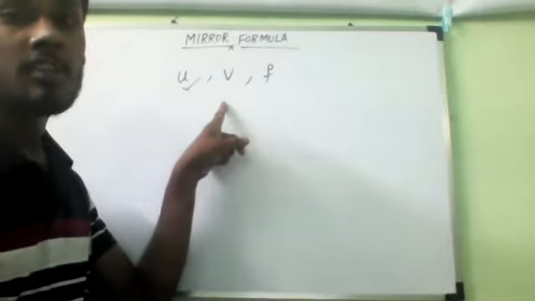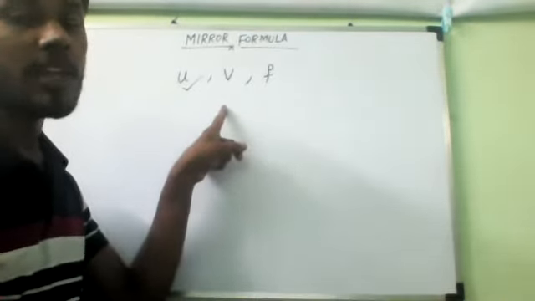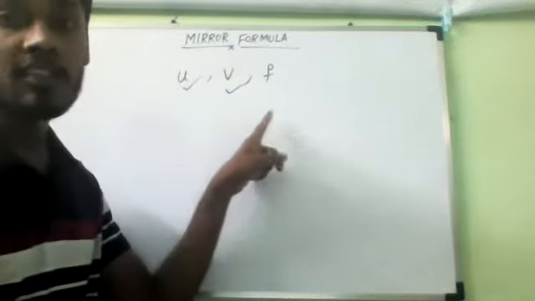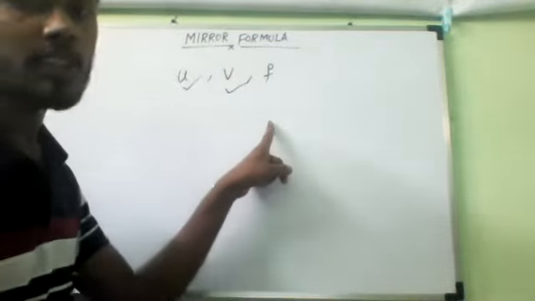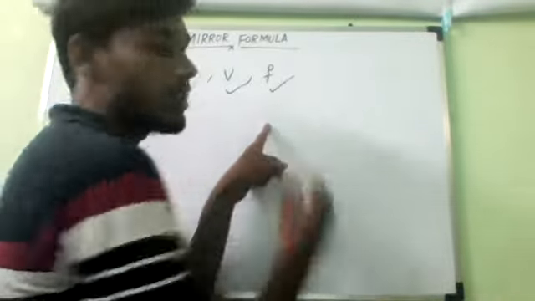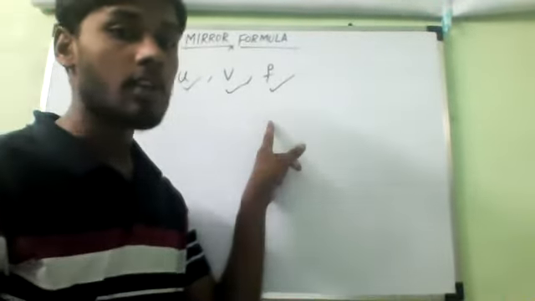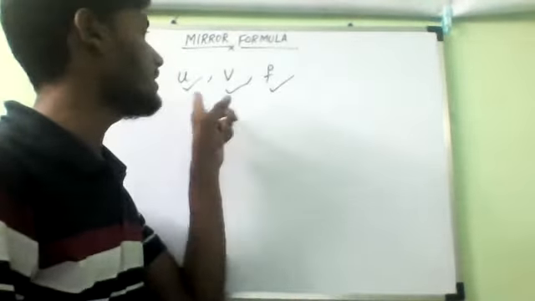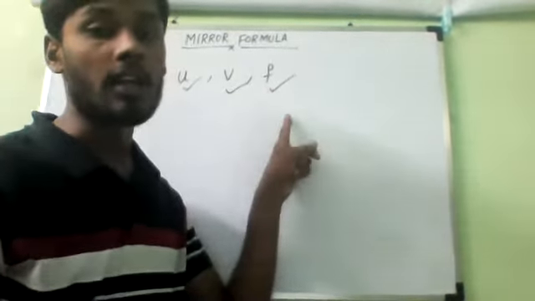The distance of the image from the pole of a mirror is known as image distance. Object distance we represent with u, and image distance we represent with v. The distance of the focus from the pole of a mirror is known as focal length, denoted by f. So these are the three things: object distance, image distance, and focal length.